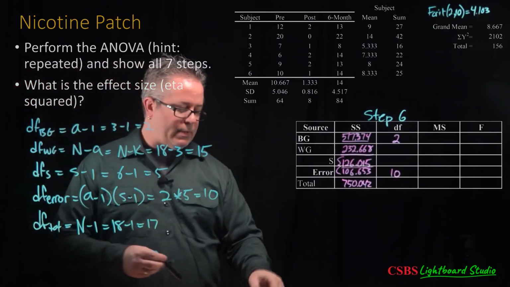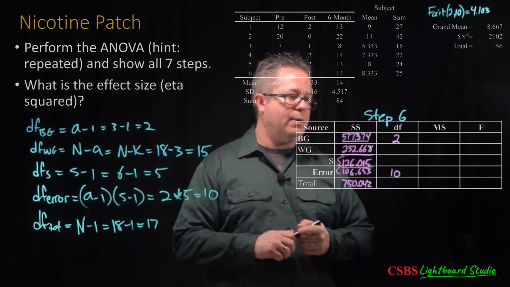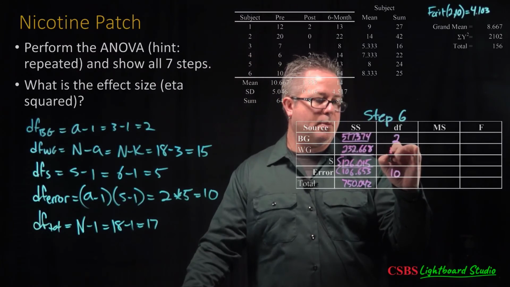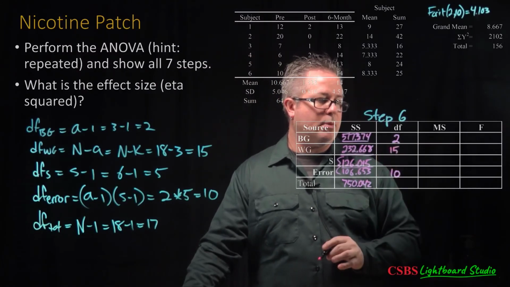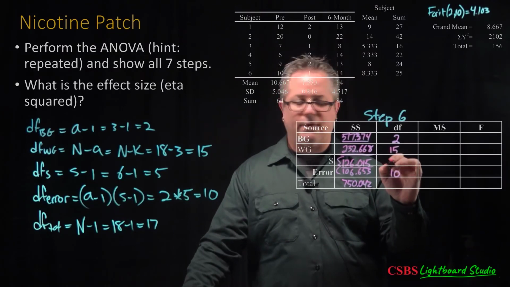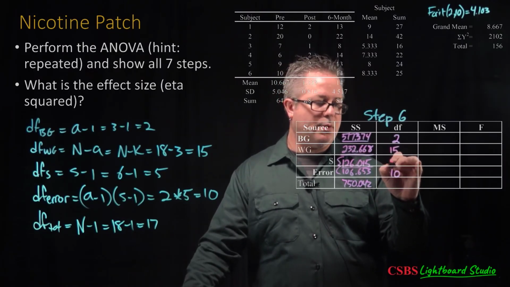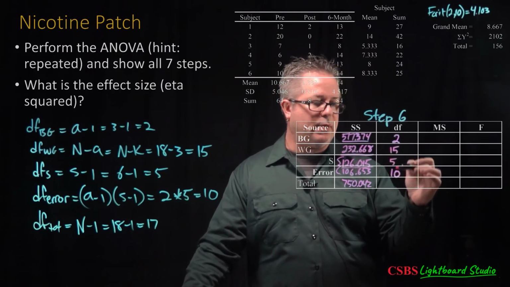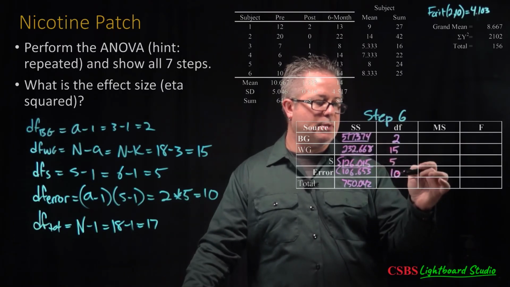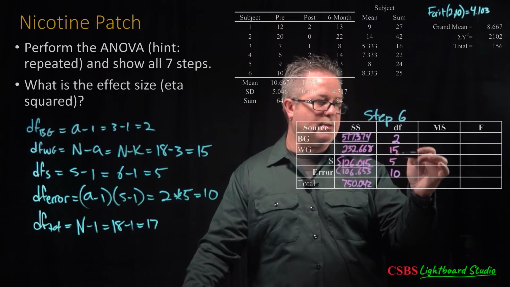So we can fill the rest of these out. We said within groups is 15. Subject is 5. And it should work out that when you add these two together, because these two are subcomponents of within groups, 10 plus 5 should equal 15. They do add up.